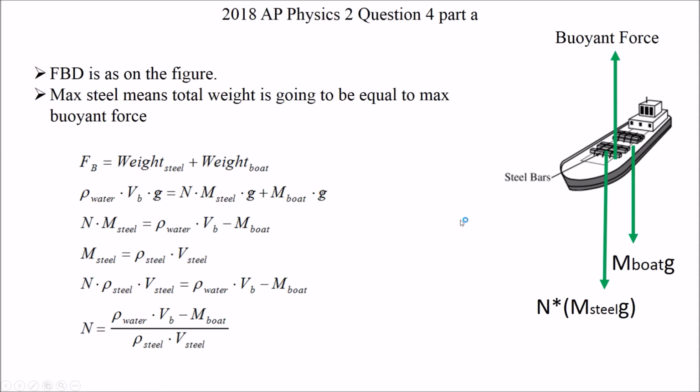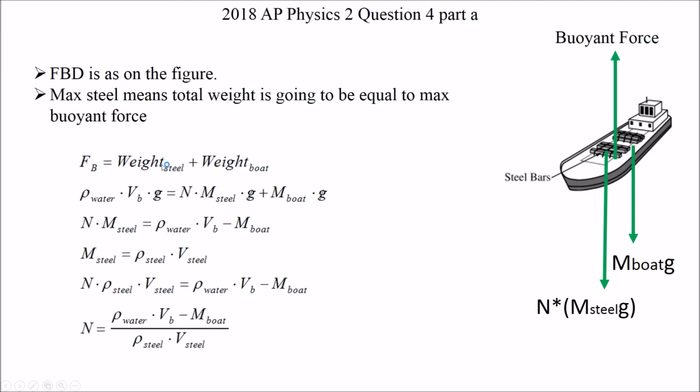When the weight of the boat and the weight of the steel sum to be equal to the buoyant force, that is basically the critical point. If you don't exceed that buoyant force, then you're going to be able to balance it.